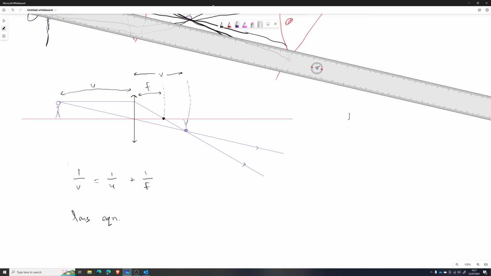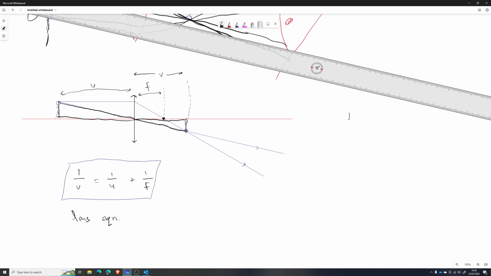So that's the lens equation, and that allows us to do calculations which predict things like where an image will be formed. There's another step that we can take while we're looking at this. If I highlight the right angle triangle that goes from the principal axis to the top of the image to the center of the lens, and this one that goes to the object, those are similar triangles.